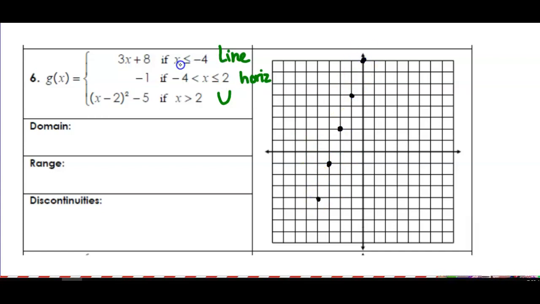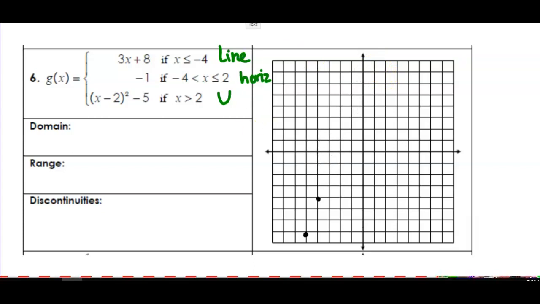All right, but I want the pieces only to the left of -4, so I go 1, 2, 3, 4. Wow, way down here. I only want to keep these pieces on this side, so I'm going to go back and erase all of these pieces and that little line.